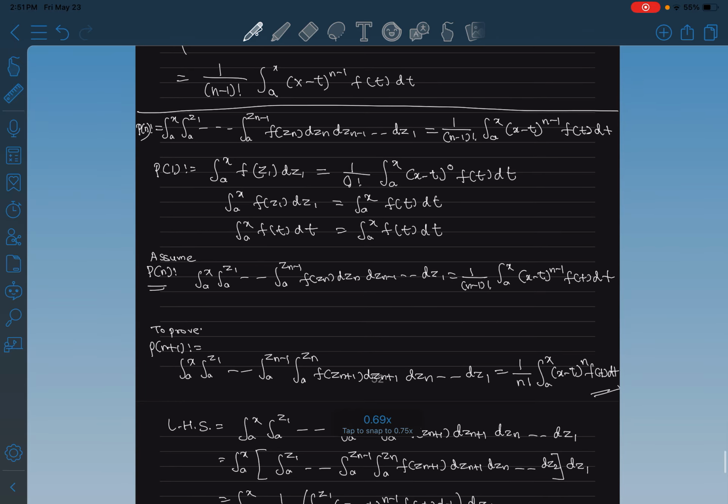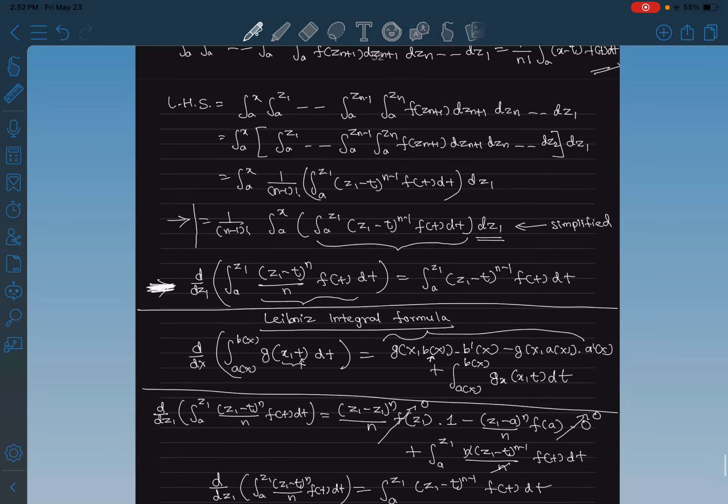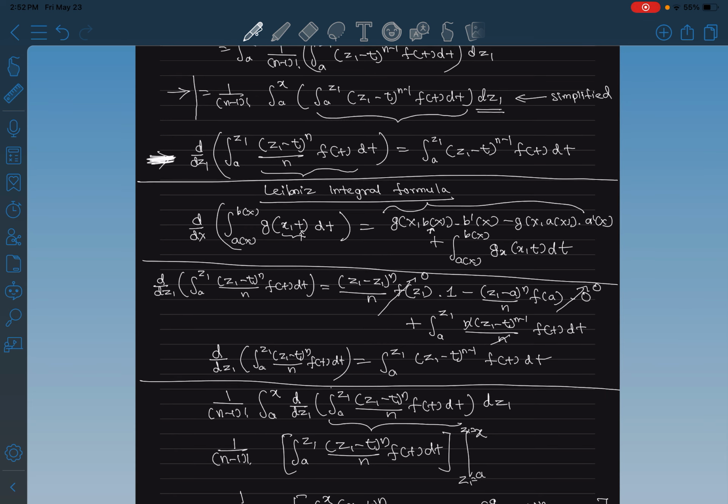So this proof is pretty powerful because we didn't really need to do all n integrals, we just did one simple integral, and that basically does the proof. So proof by induction is pretty powerful. This formula is also pretty powerful. Leibniz theorem was also pretty powerful. Every idea over here was so powerful, and the multiplier I was saying is also powerful.